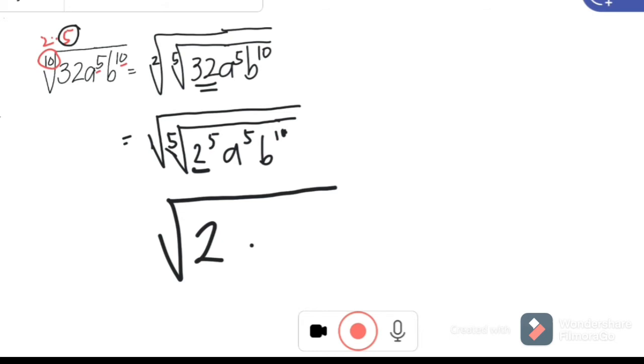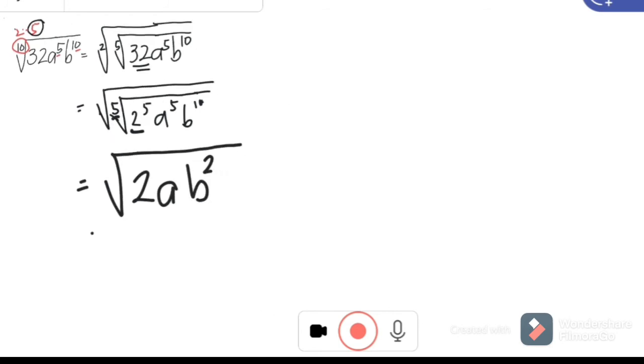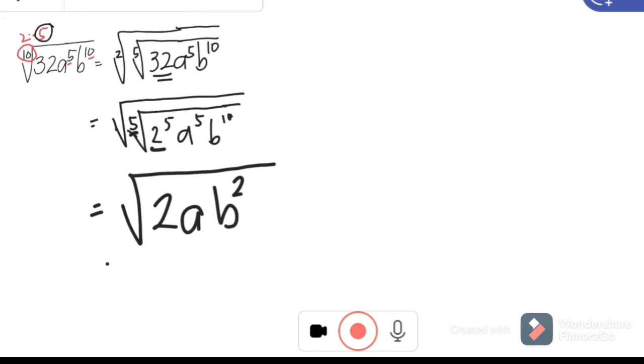The fifth root of a raised to 5 is a because 5 divided by 5 is 1. Now, fifth root of b raised to 10 is b squared because 10 divided by 5, which is the index, is equal to 2. And our exponent for b is 2.